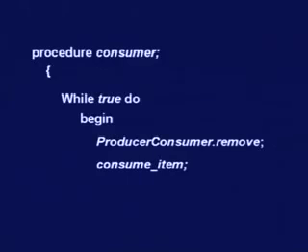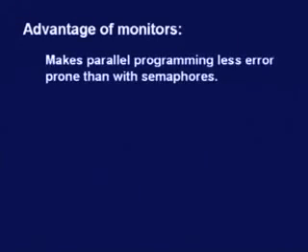Similarly, the consumer process is simple. We have the consumer call the monitor procedure remove by doing a producer consumer dot remove, removes that item and consumes it. So the task of the programmer has become simpler.